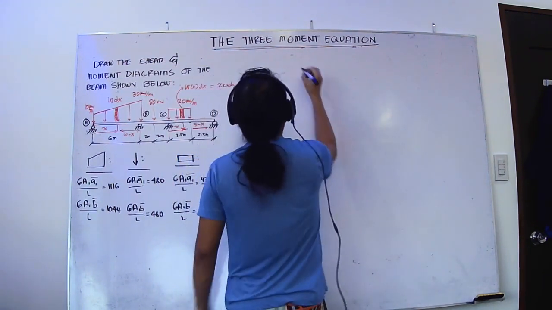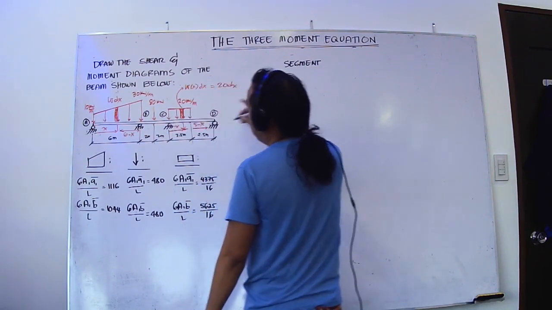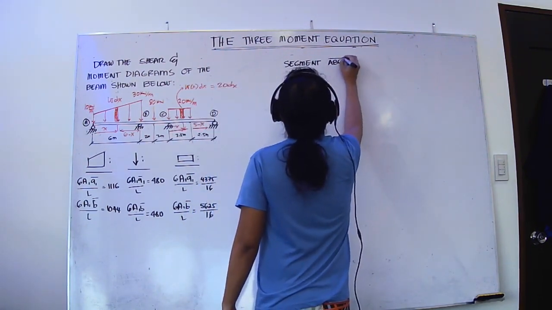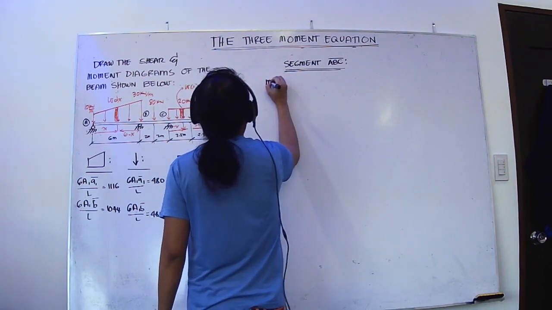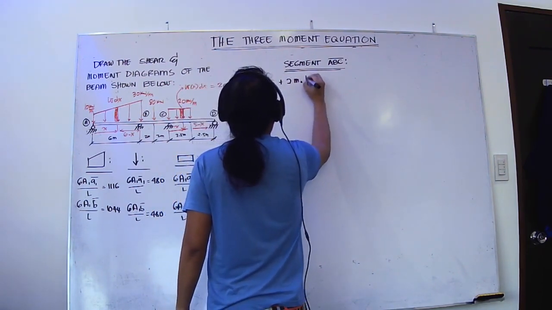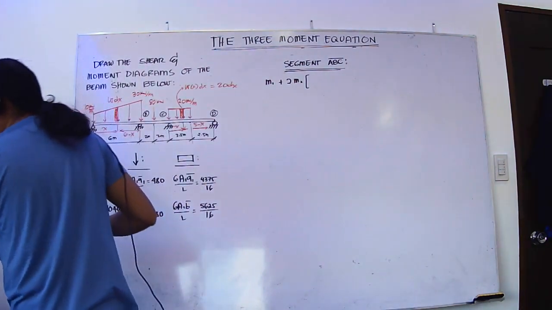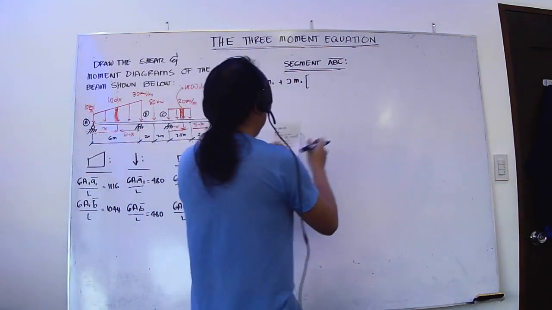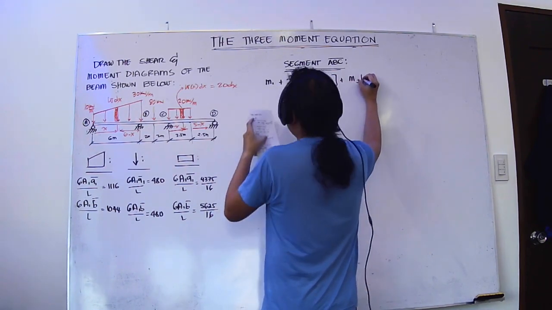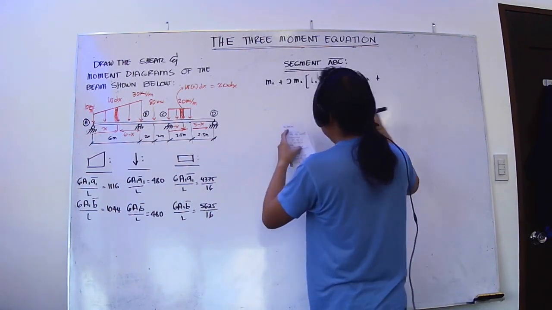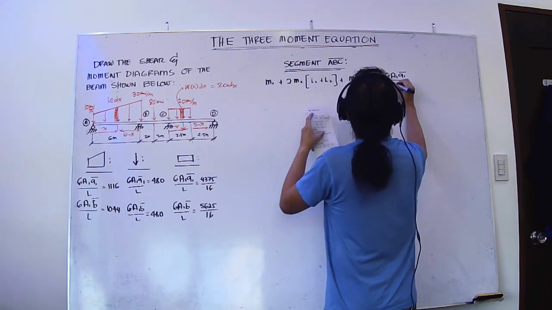For segment ABC, we have M1 plus 2M2 times L1 plus L2 plus M3 L2. I will write it so you can follow along.